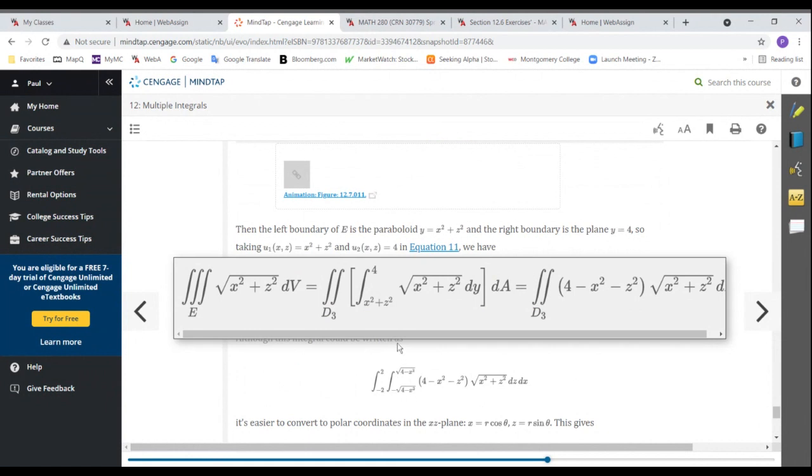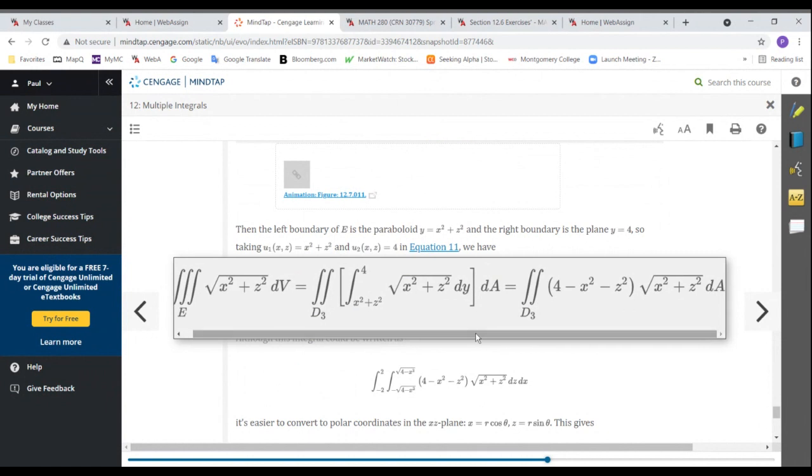And then if you do the inner integral, you're going to get what's on the right here. The antiderivative of the square root of x squared plus z squared with respect to y is just y times the square root of x squared plus z squared.